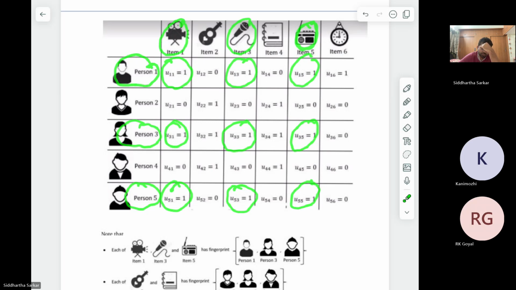So they cannot distinguish between the value of a radio and a camera. Camera, mic and radio are equally valued. So these three items can be given in any order to these three persons.